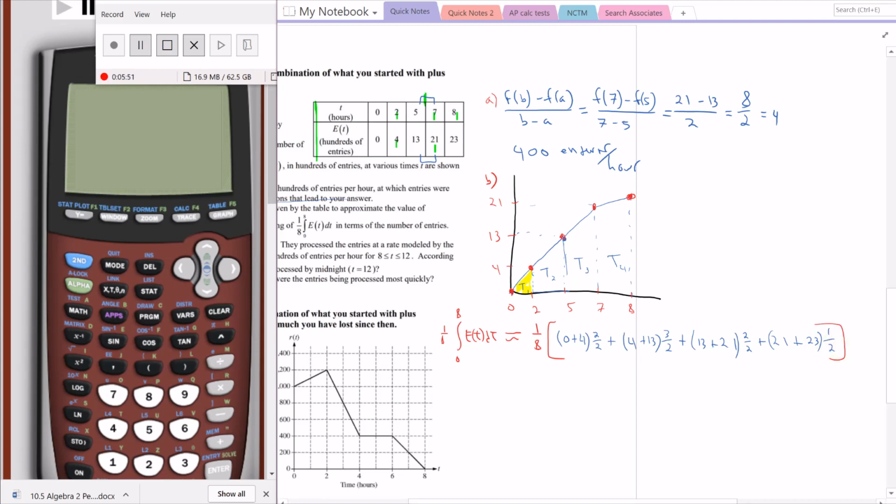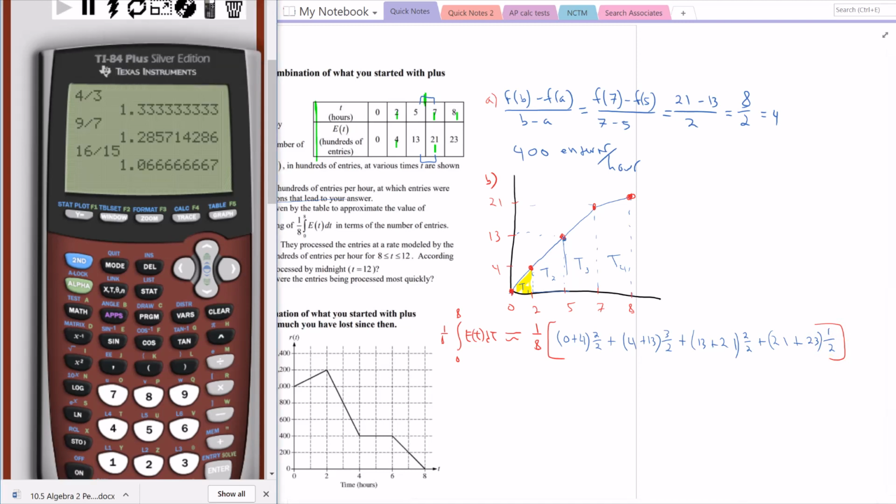And this is a calculator problem, so we can just do all this on the calculator. Just go to our calculator and do 1/8 times these parentheses. 0 plus 4 is 4, 4 times 1, since 2 over 2 is 1.